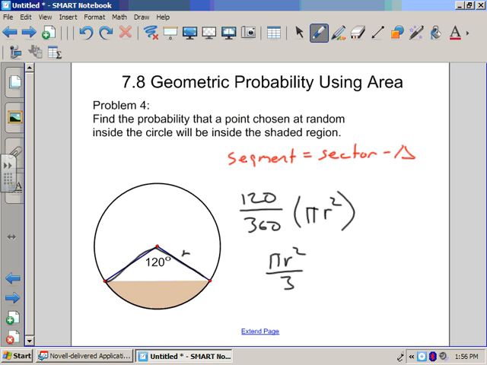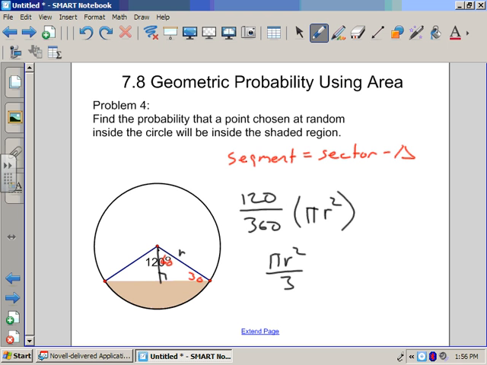Now, what's the area of the triangle? Well, in order to find the area of the triangle, I am going to draw a perpendicular. I cut that 120-degree angle in half. That's going to make this angle 60 degrees, which makes this angle be 30 degrees. And remember, this is my radius. The radius now is my hypotenuse.